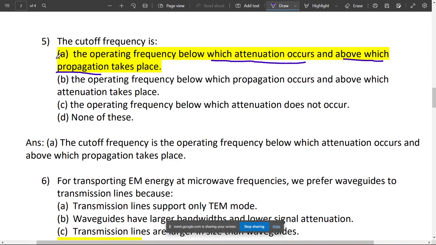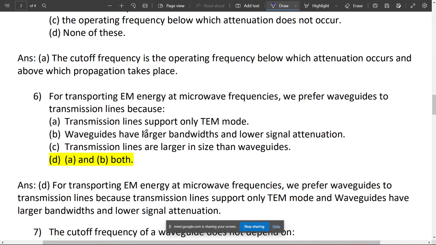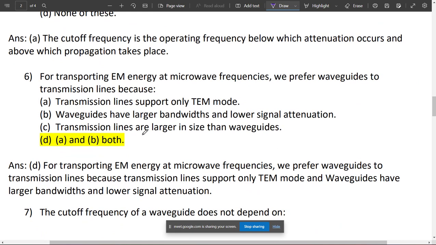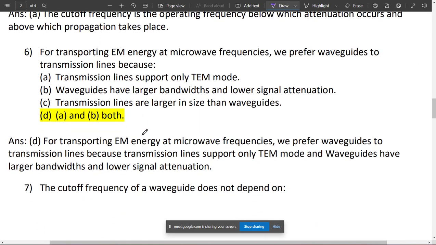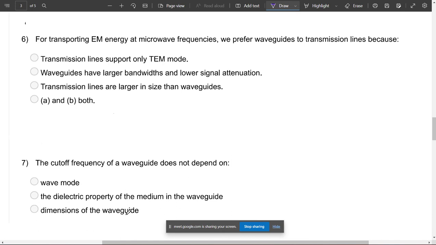So option A is the correct option. Good, very good attempt. At least you are trying to attempt these questions. Very good. But no, let's not show the answer before discussing the question, right?